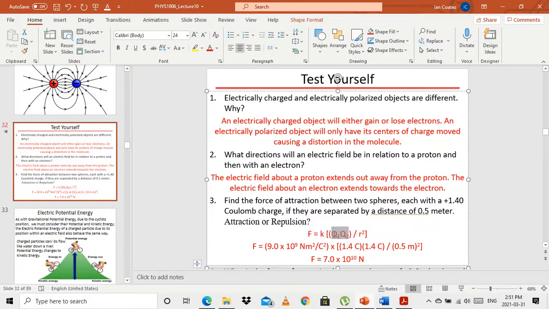There are my two charges, so it's positive 1.40, positive 1.40. Okay, and here, we can use d squared, but that's your distance there. And so we get a positive number here. And that's kind of what we expect, because two positive charges should repel. Okay, positive means they're repelling.